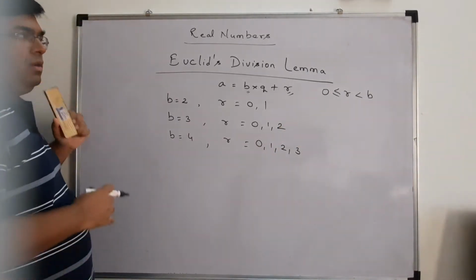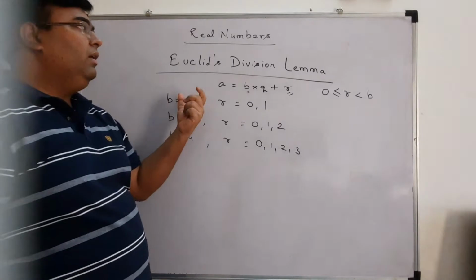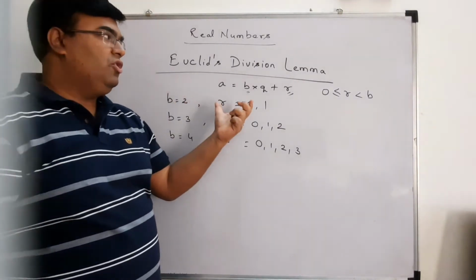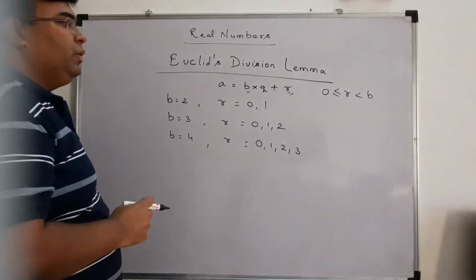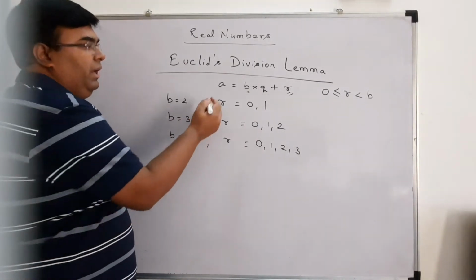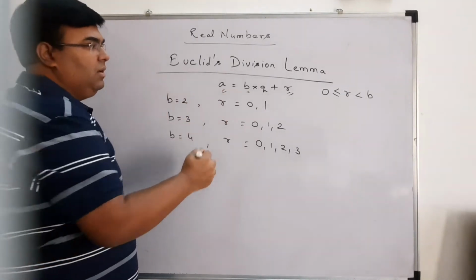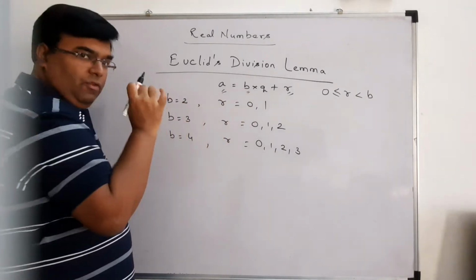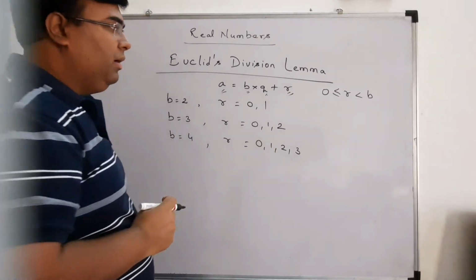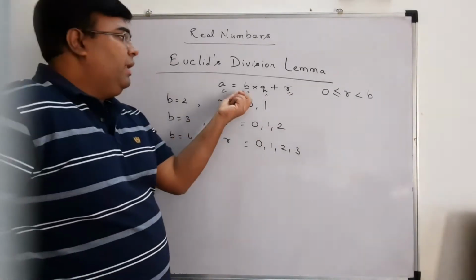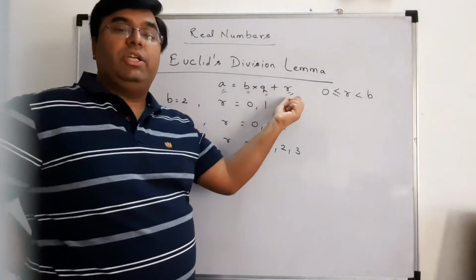So this is known as Euclid's division lemma. This form A is equal to BQ plus R, where A is any integer, B is the divisor, Q is the quotient, and R is the remainder.